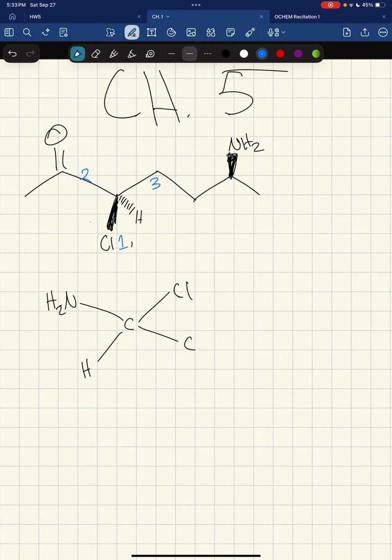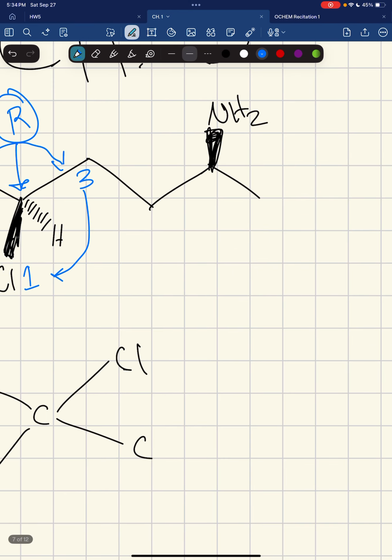And then you draw an arrow from 1 to 2, 2 to 3. As you can see, it's clockwise, so clockwise is always R. So that stereocenter is designated as the R configuration. This one, we'll do the same thing. There's a hydrogen back there, just not drawn in.